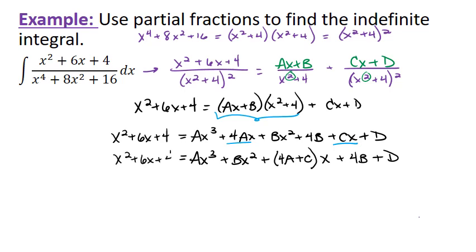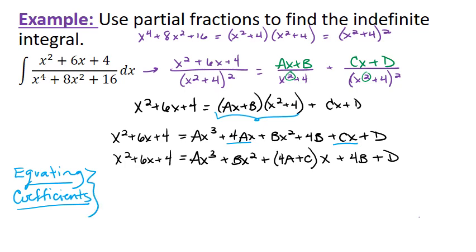Okay, now what I'm going to do is something that's called equating coefficients. Equating coefficients. Okay, and here's how this works. Instead of choosing values for x like we did in the previous problems, what we are going to do is equate our coefficients. Now if we look here, we do not have a cubed term.